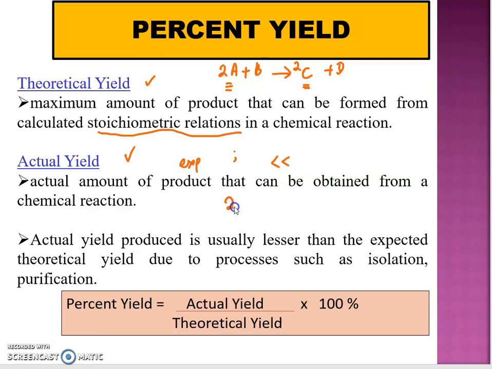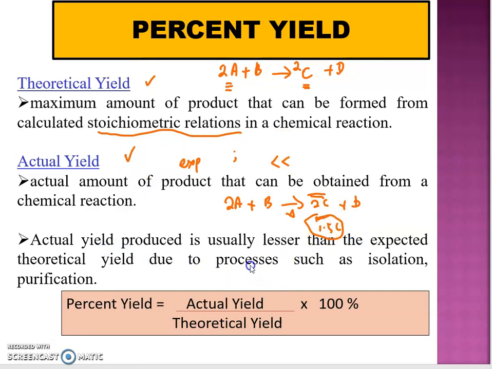Maksud dia kalau daripada segi eksperimen sepatutnya 2A menghasilkan 2C. Tapi sebab kita bila buat eksperimen ni hasil dia tak sampai 2C, mungkin 1.5C saja. Tapi secara teorinya dia adalah 2C. But the actual yield only shows it is only 1.5.